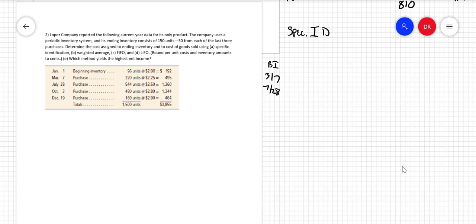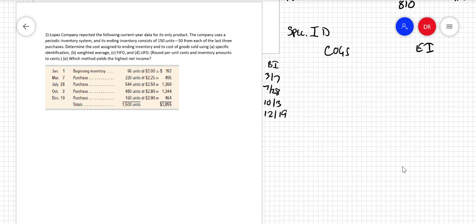We'll have October 3rd and December 19th. Part of this will be in cost of goods sold, and the other part will be in ending inventory. So basically they tell us that the company uses periodic, and its ending inventory consists of 150 units, 50 from each of the last 3 purchases.